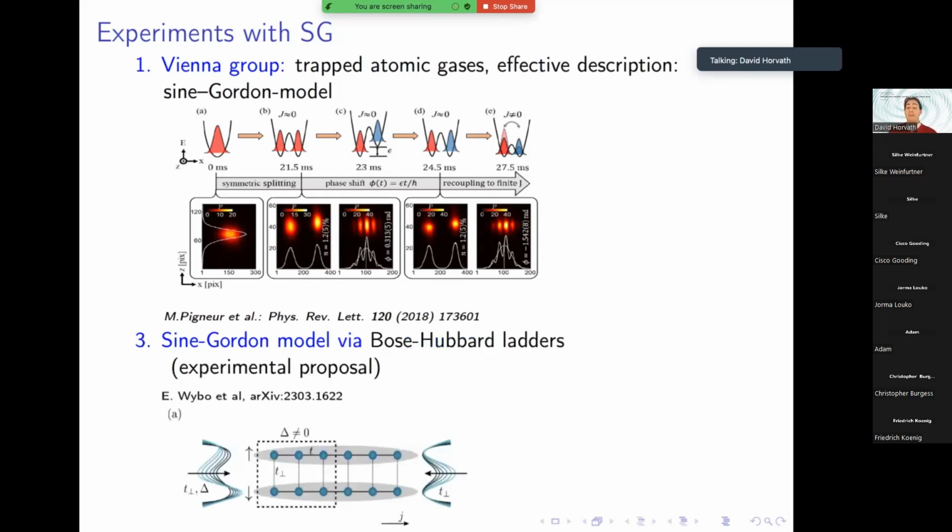Another proposal claims that Bose-Hubbard ladders can do the job. These are all very non-trivial proposals, and they are proposals, so they have not yet been realized. To the best of my knowledge, in this latter proposal Immanuel Bloch is involved, and as far as I know, they are proceeding. So probably this will be realized soon.